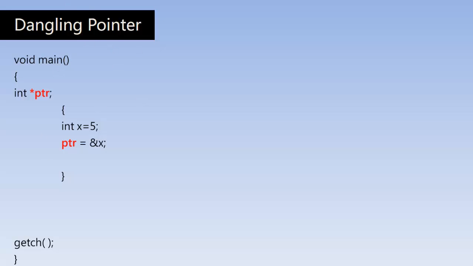So this pointer ptr is accessible throughout the main function, but x has scope only inside this block. ptr can access x because this block is inside main, so ptr can truly hold the address of x.